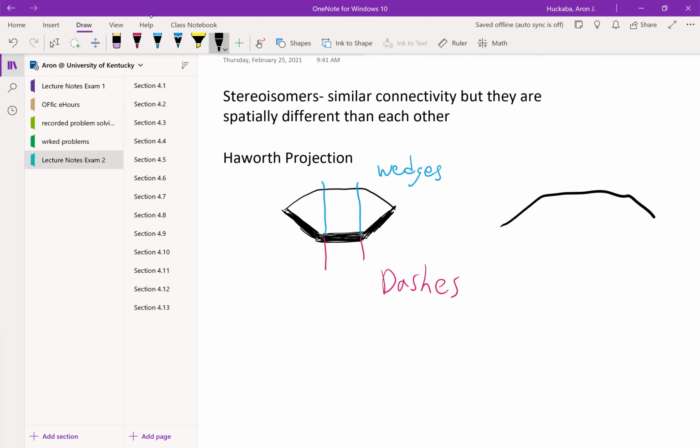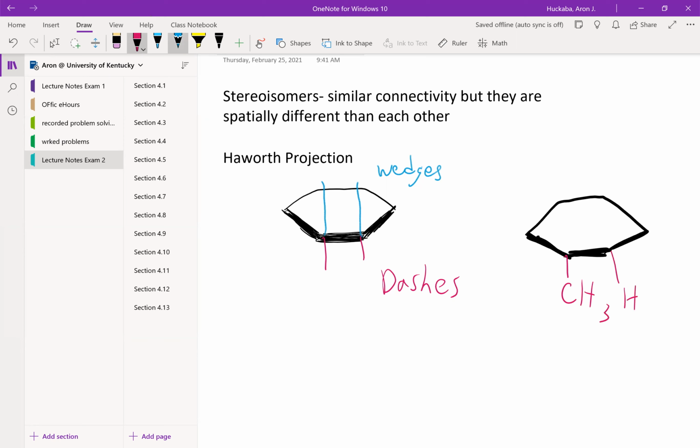So here's another Haworth projection. Okay, so if we had this molecule, the CH3 on top, in blue, is on a wedge, right?